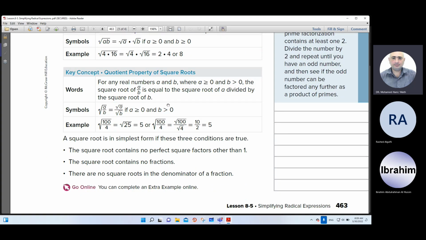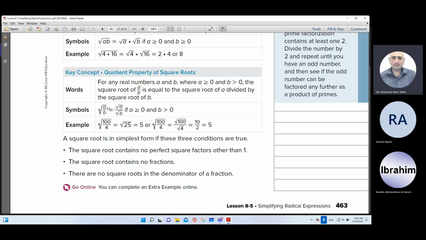And here, for any real numbers a and b, where a is greater than or equal to 0 and b is greater than 0, the square root of a over b is equal to the square root of a divided by the square root of b.